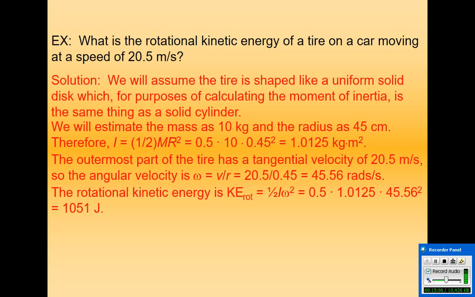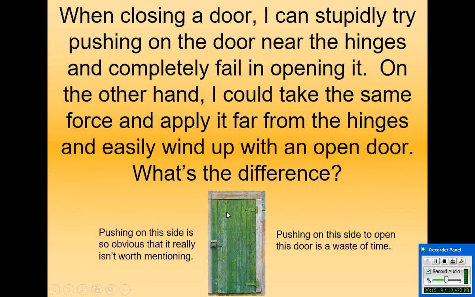And the total kinetic energy is the linear kinetic energy plus the rotational kinetic energy. But you know how to calculate linear kinetic energy, and now we've seen an example of calculating rotational kinetic energy. So energy is energy when it comes to rotation.